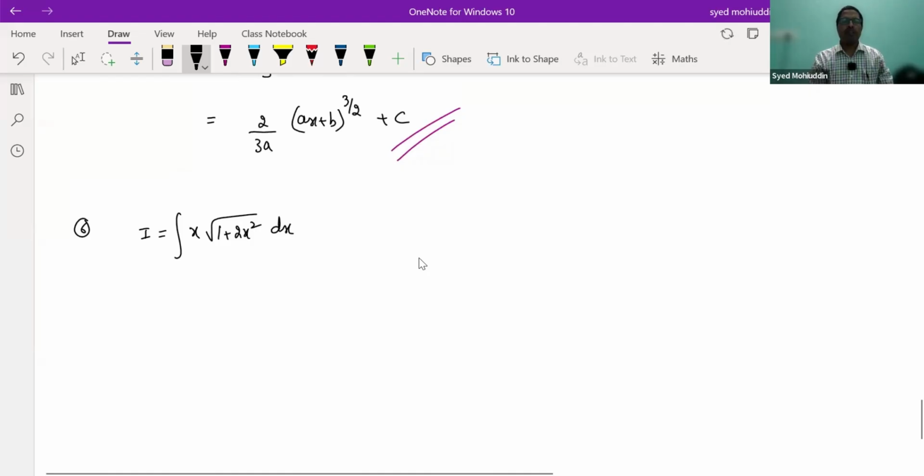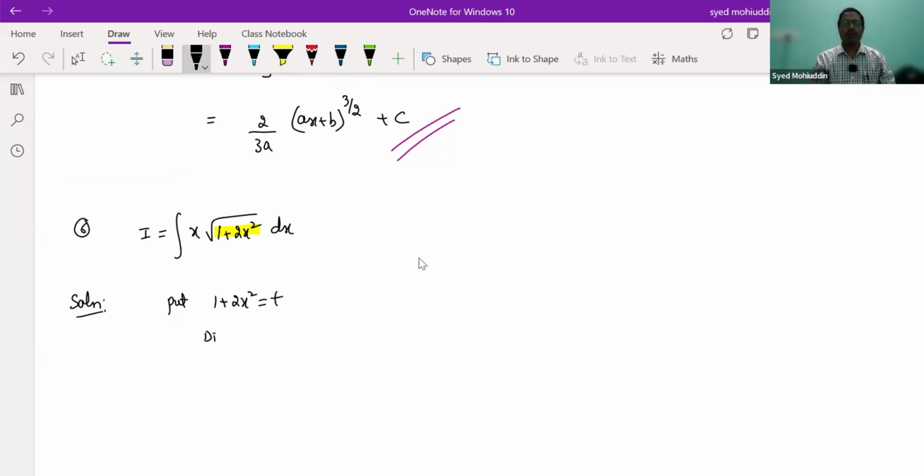So therefore, once again, the value which is inside the square root has to be taken as t. So put the value of 1 plus 2x square to be equal to t.